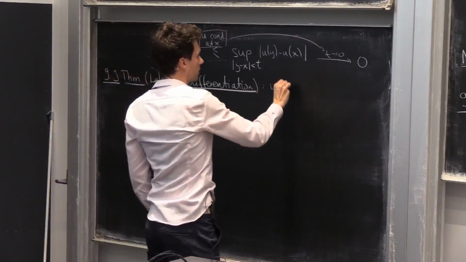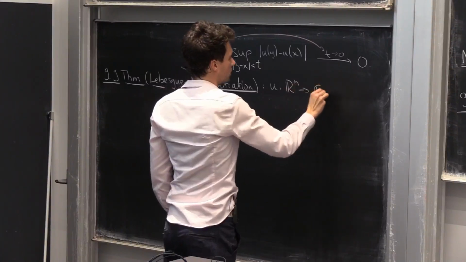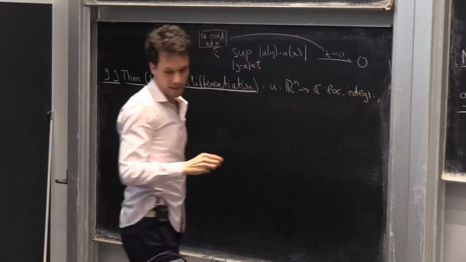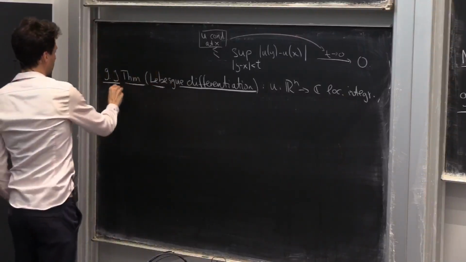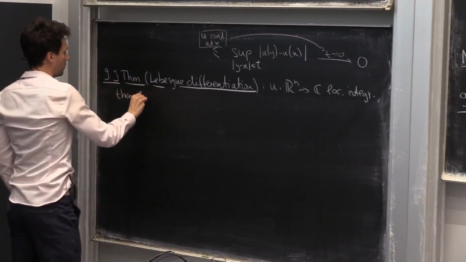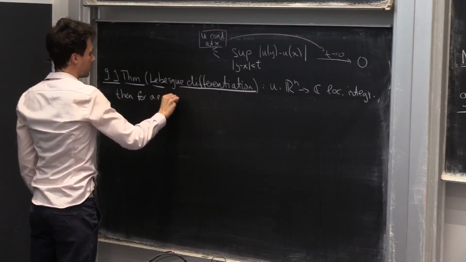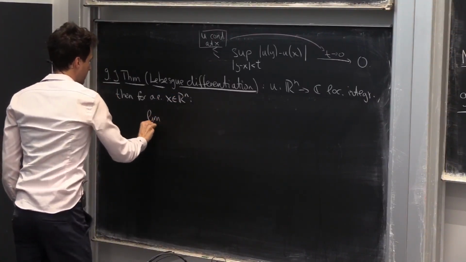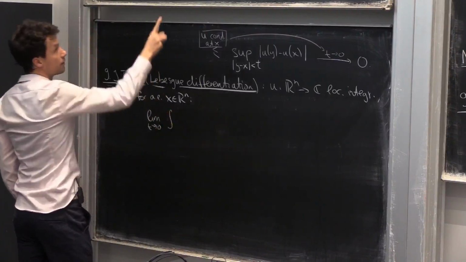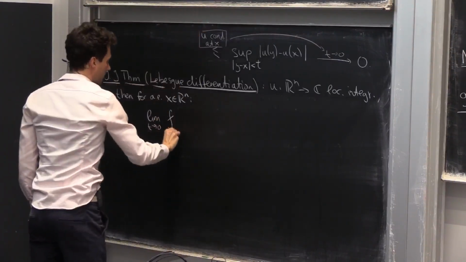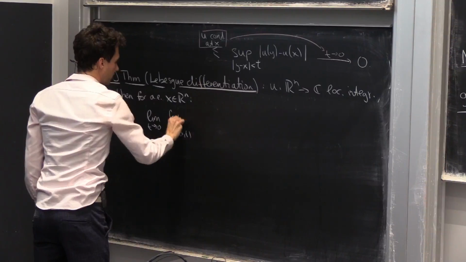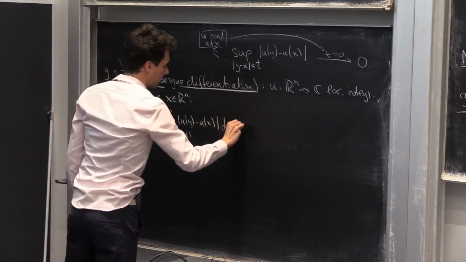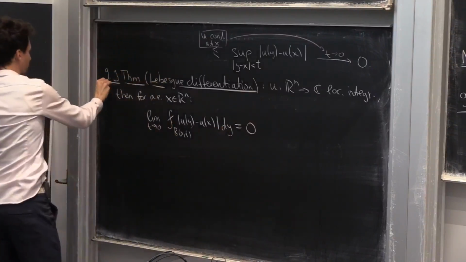So u is as before locally integrable, and then it's going to be true for almost every x in R^n that the limit as t goes to 0 of these averages of |u(y) - u(x)| dy really goes to 0.